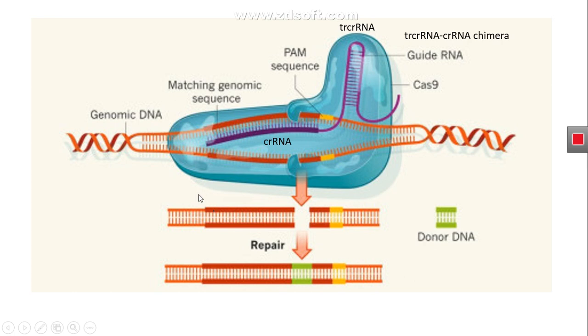If someone has cancer due to a mutation in the p53 gene, this is the genome of the host cell, which has the sequence of mutated p53 gene, and due to this p53 mutation, the patient has cancer.